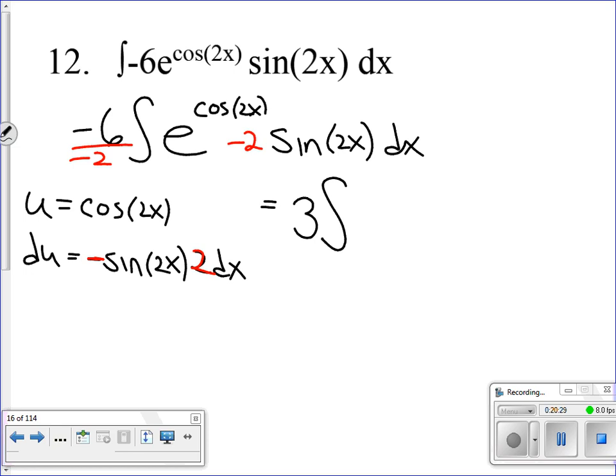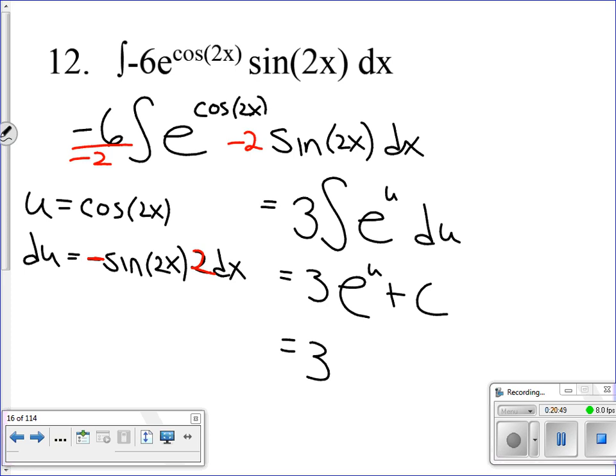This is the integral of e to the u du. And when you integrate e to the u, as long as you have du, any of these formulas only work with u's if you have du, you get e to the u plus c. So our final answer when we convert it back is e to the cosine of 2x plus c.